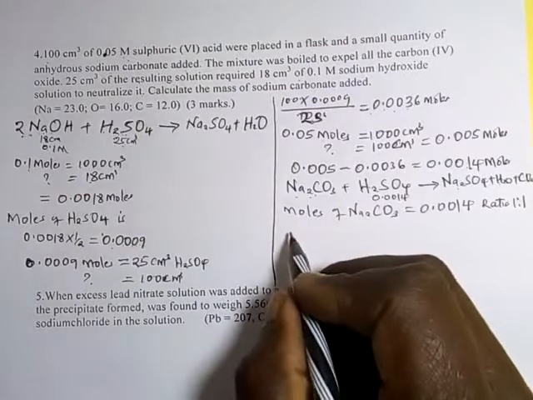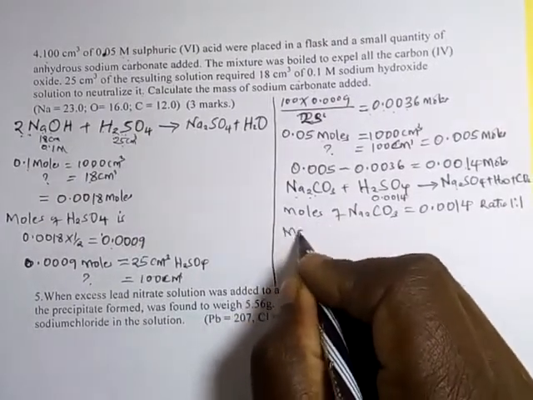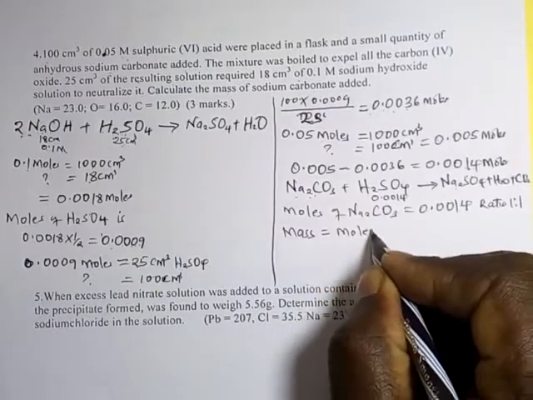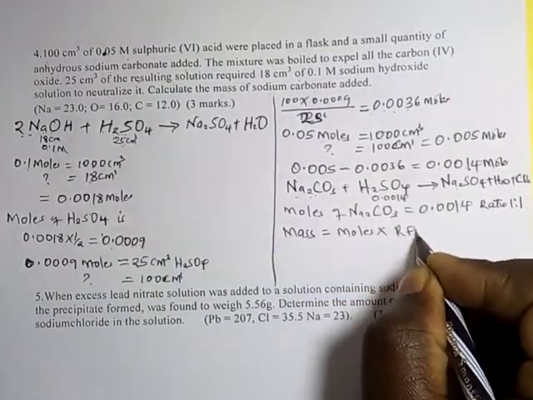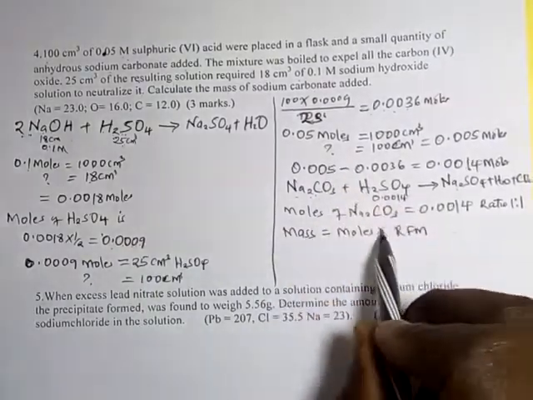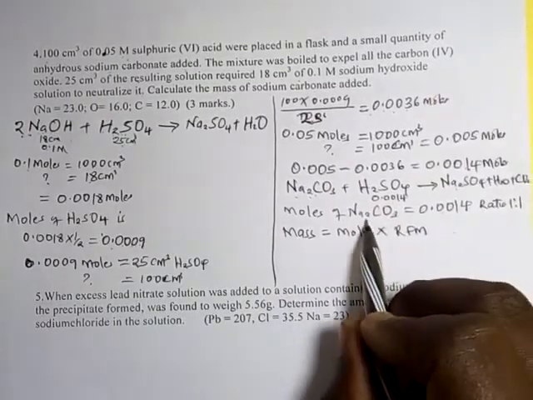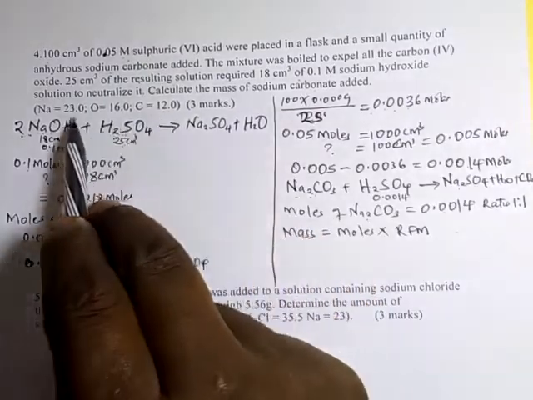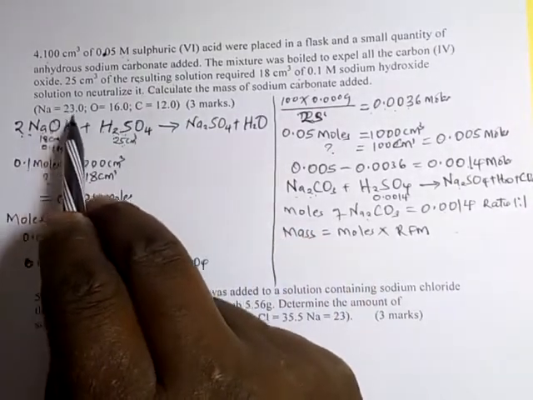Now, how do you get mass of a substance? Mass is given by moles times Rfm. Now we have the moles of the carbonate. We can get the Rfm, we have been given the relative atomic mass of each.